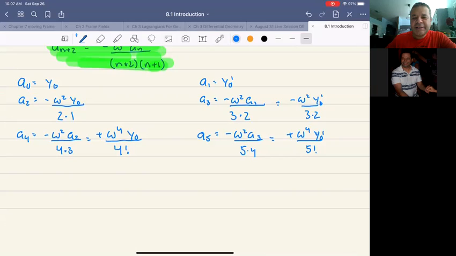We're starting to see a pattern, right? So for the evens, a sub 2n is going to be negative 1 to the n. Here this is n equals 1, n equals 2, positive, so we've got the right signage.